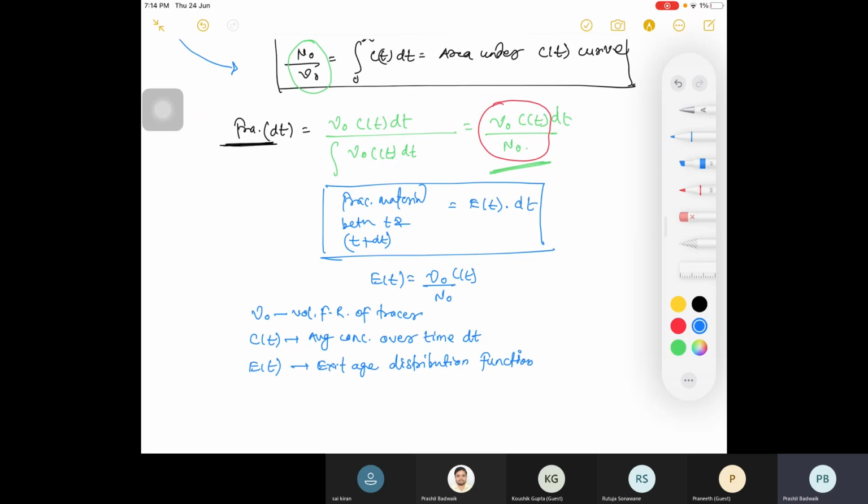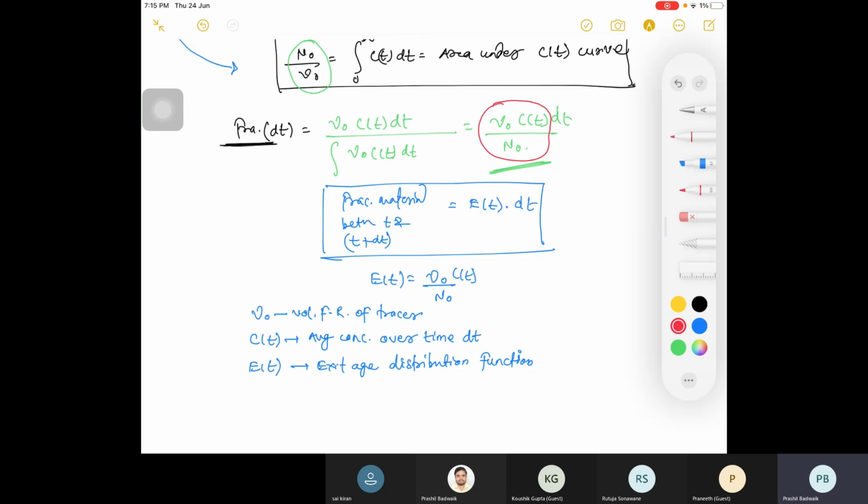For today's class, you just need to note down that there is a curve called the C curve. It tells you how the concentration of tracer at exit varies with respect to time, or how you are getting tracer at the exit of the reactor. And there is one term called the exit age distribution function. It also gives you the same information, how the concentration of tracer is varying, just as a replacement.